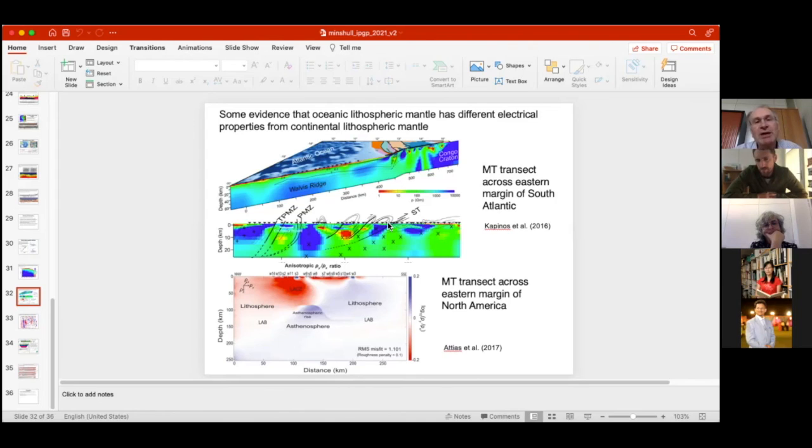What we see with the exhumed mantle is that sometimes it's flat and smooth basement, and sometimes we get these peridotite ridges. And I guess at mid-ocean ridges we get similar variations in morphology.